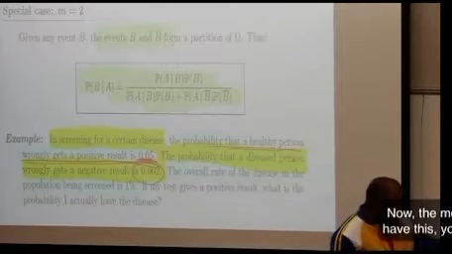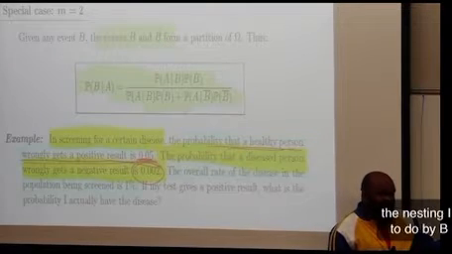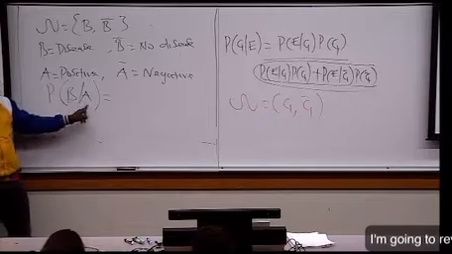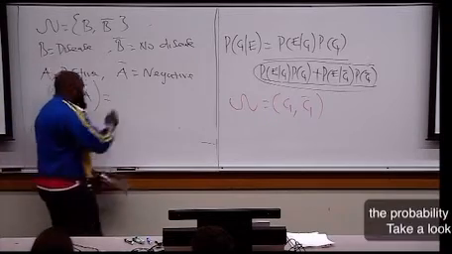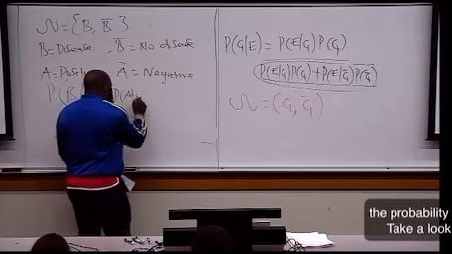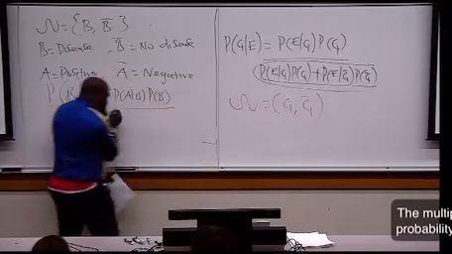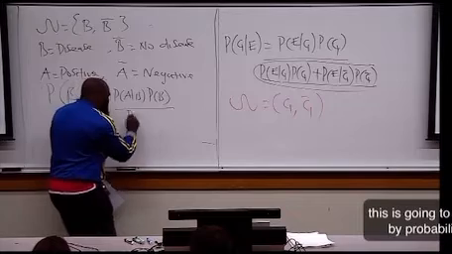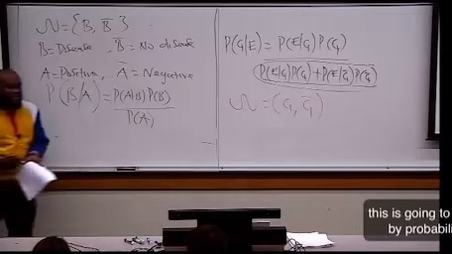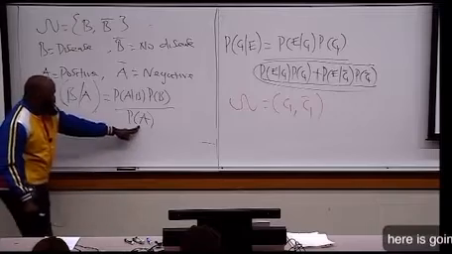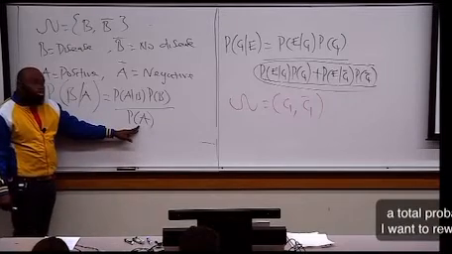Now, the moment I have this, the next thing I'm going to do, by Bayes' rule, is reverse that. Take a look at it. I'm going to write the probability of A given B, then multiply by the probability of B, then this is going to be divided by the probability of A. And your probability of A here is going to be a total probability.